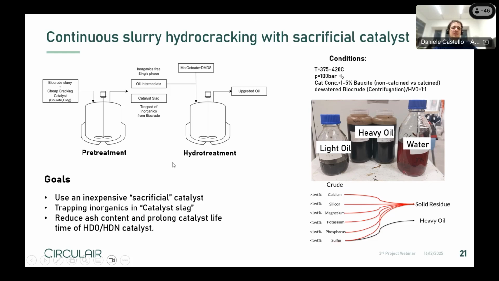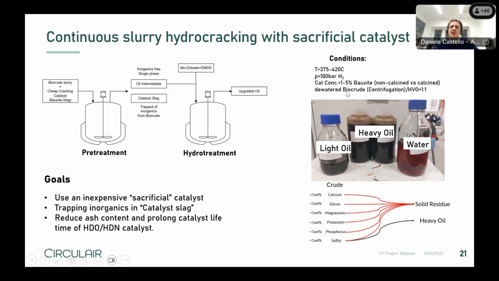In particular, the big problem would be to run with a raw product from HTL, which is full of inorganics. And one solution that was found was that of using a so-called sacrificial catalyst, basically a bauxite slag, which actually can trap the inorganics and at the same time promote the formation of more liquid products from the semi-solid bulk that we feed to the reactor.